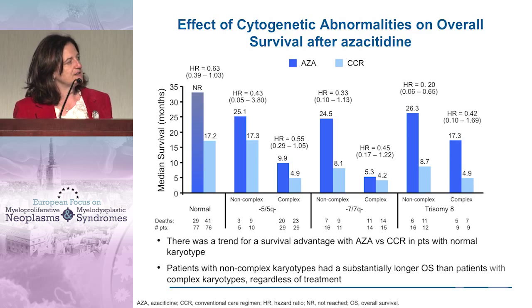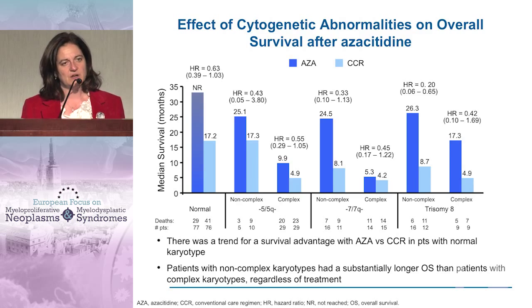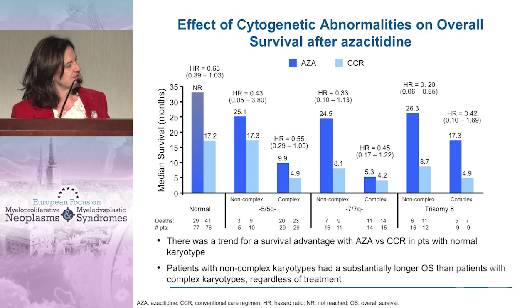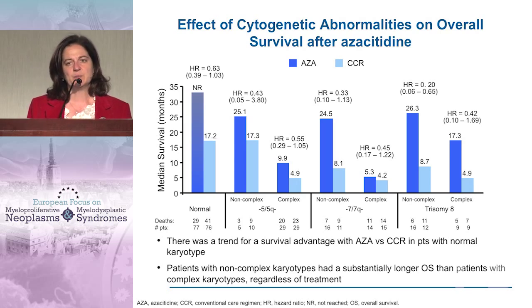Now, if we look at cytogenetics, the only parameter in higher risk MDS, you see that, of course, patients with normal karyotype respond very well, as do patients with non-complex karyotype, including trisomy 8 or deletion 5q, as has already been told to you. But the worst patients are these ones with complex karyotype and monosomy 5 or 7.